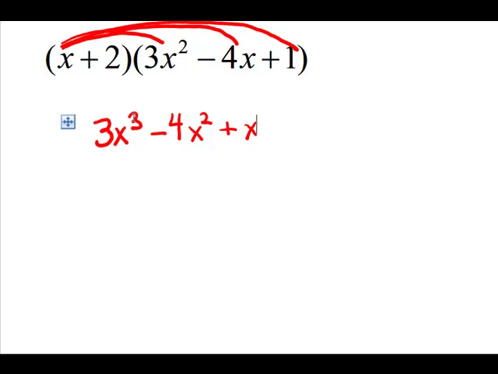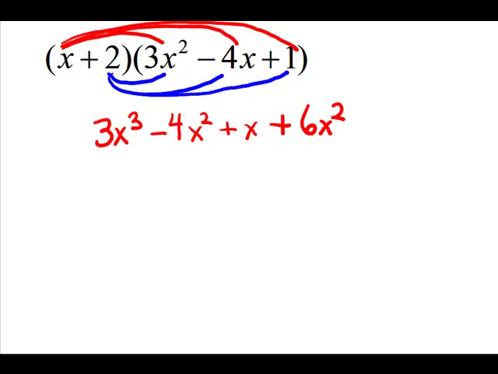And then we'll switch. So now we'll distribute the 2 times each term in the second set of parentheses. So we're getting 2 times 3x squared will give us 6x squared. 2 times a negative 4x will give us negative 8x. And 2 times 1 is 2.